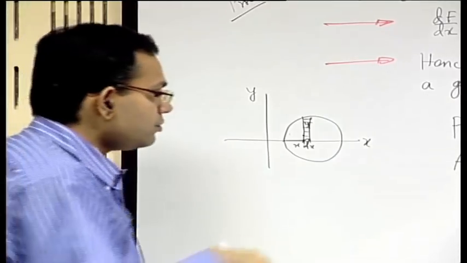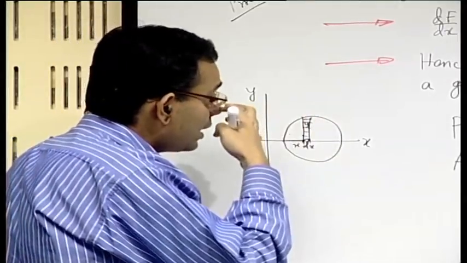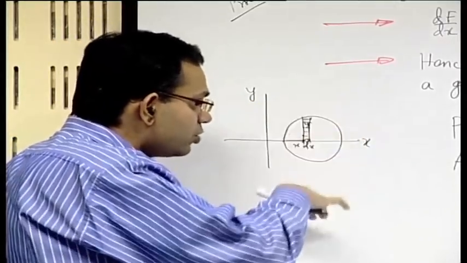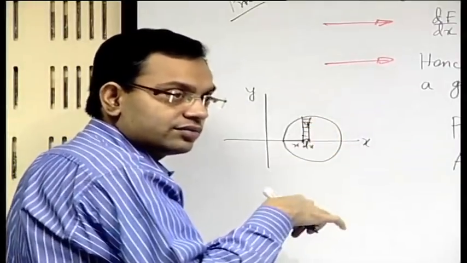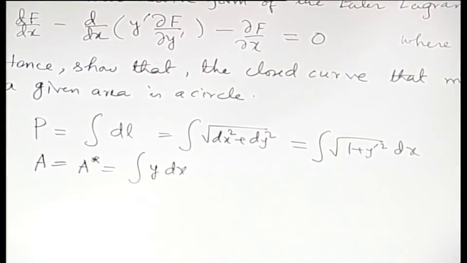So, integral y dx, if you have it symmetric with respect to x axis, then of course it is 2 into that, but essentially it is some constant into integral of y dx, that is the total area.